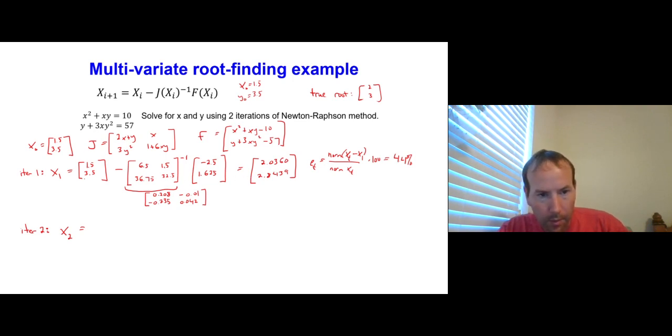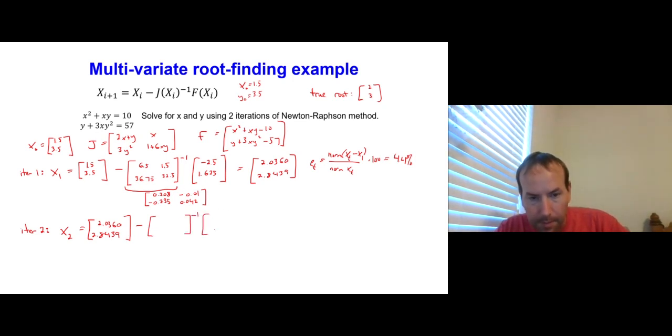Where before we had 1.5 and 3.5, here we'll have 2.036, 2.8439, minus, and then you'll have a term right here, and you'll have the f term right here.